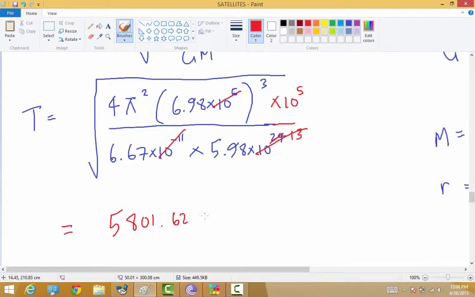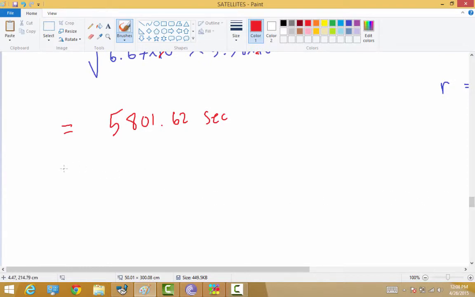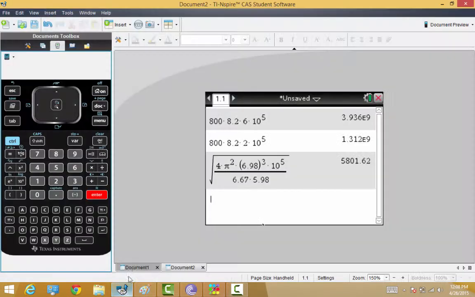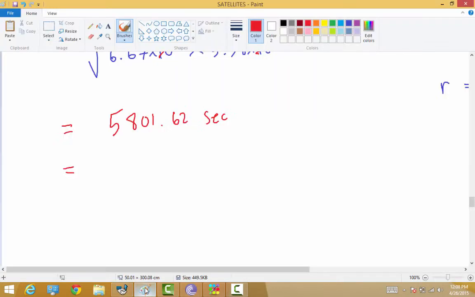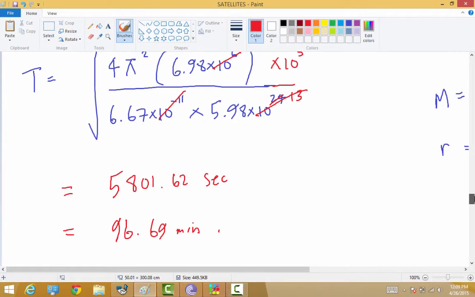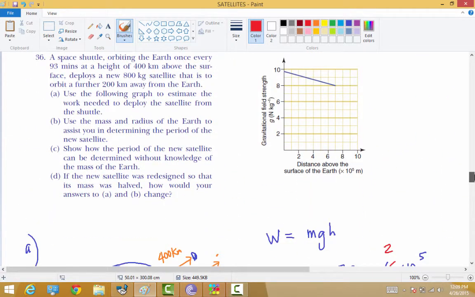Now we can convert that to minutes by dividing by 60, and we get 96.69 minutes. That should be the right answer at the back of the book. Right, so the next question is question C.